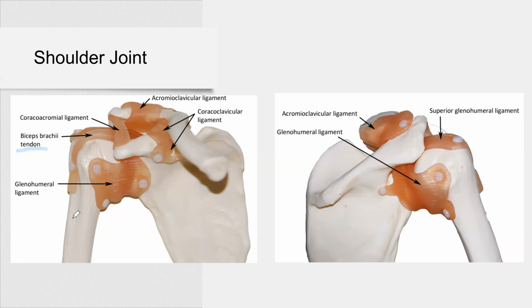Tendons connect muscles to bones, and this is a tendon of biceps brachii muscle. So very quick recap, we have several ligaments that you need to know: coracoclavicular, coracoacromial, acromioclavicular, glenohumeral, and of course anterior, posterior, and superior glenohumeral ligaments.